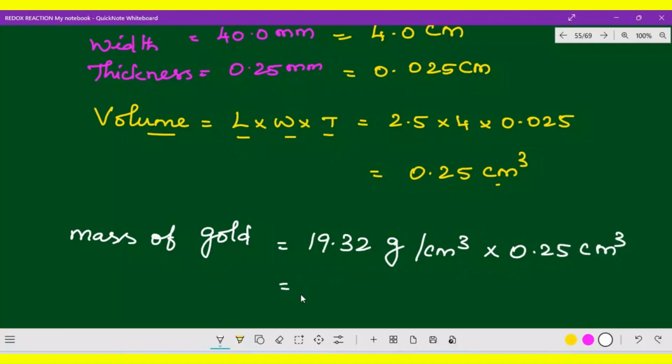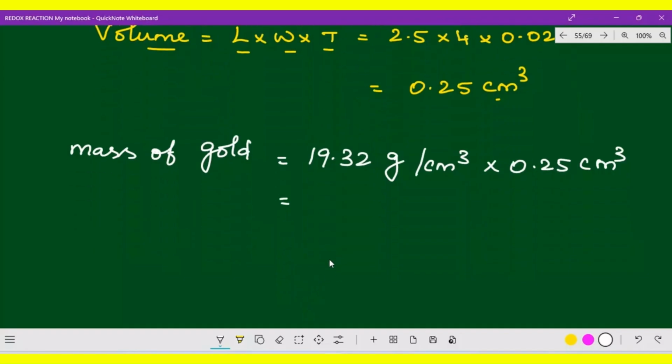So when you calculate these two, you will get the mass of the gold, 4.83 gram. So in that sheet, how much gold is available, mass of gold, it is 4.83 gram, you got it.